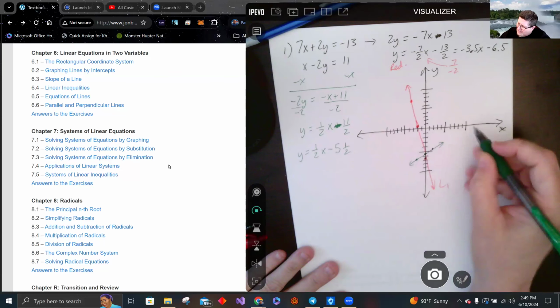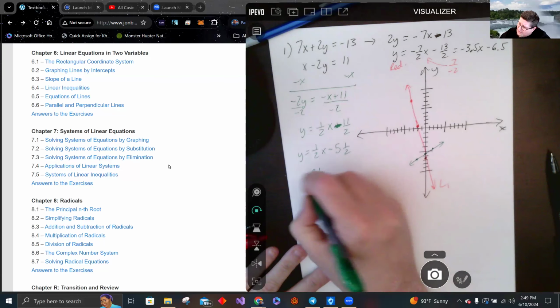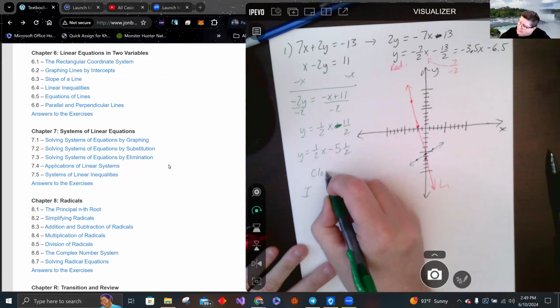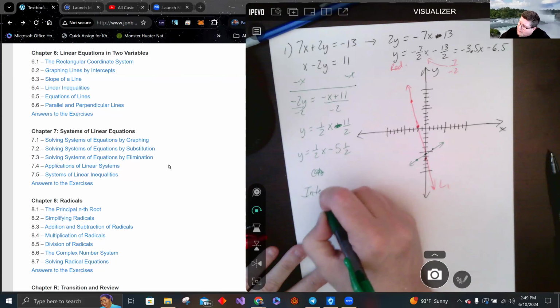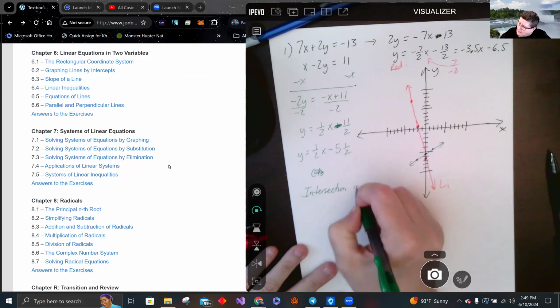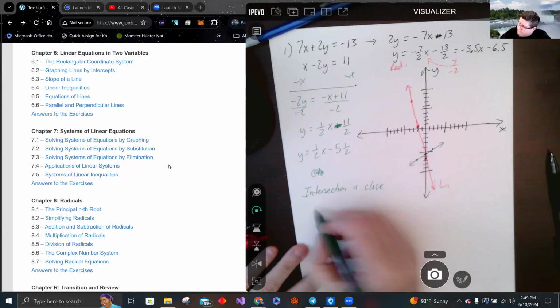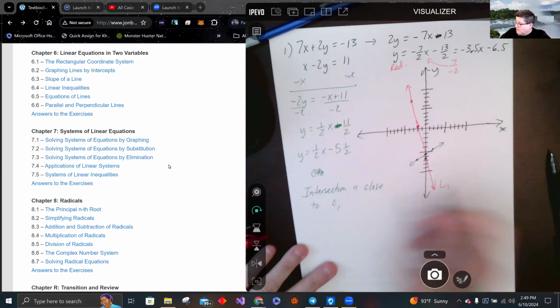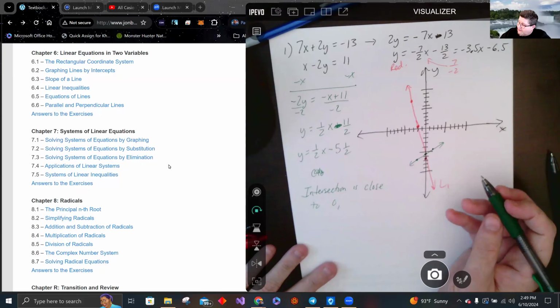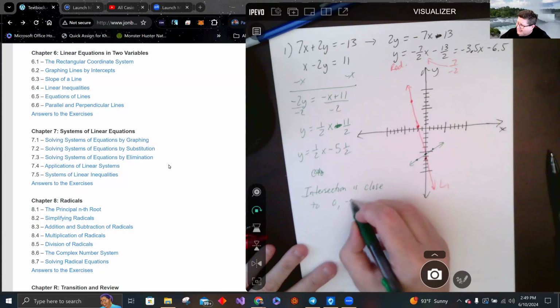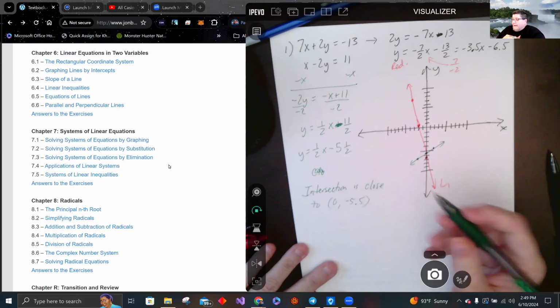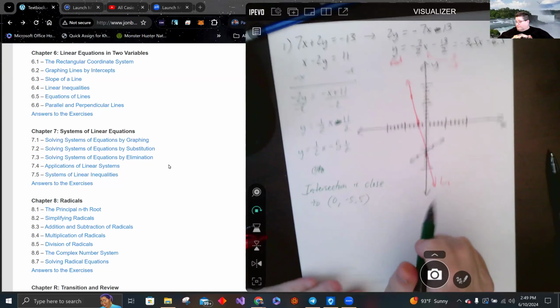It's close. The intersection is close to 0 and negative 5.5, but it looks like it's a little to the left and down a little bit.